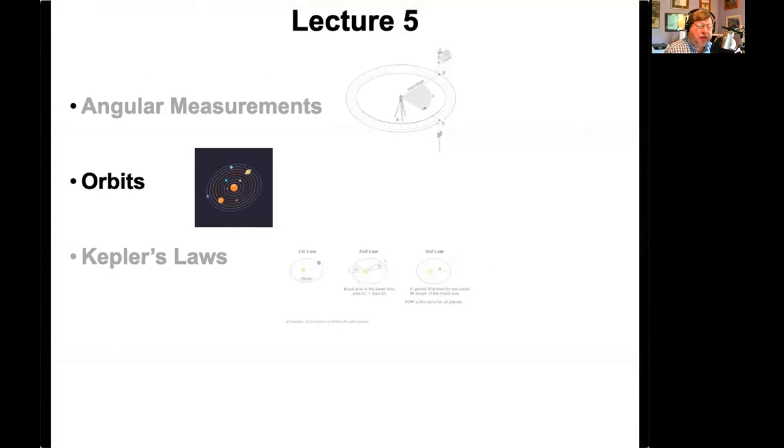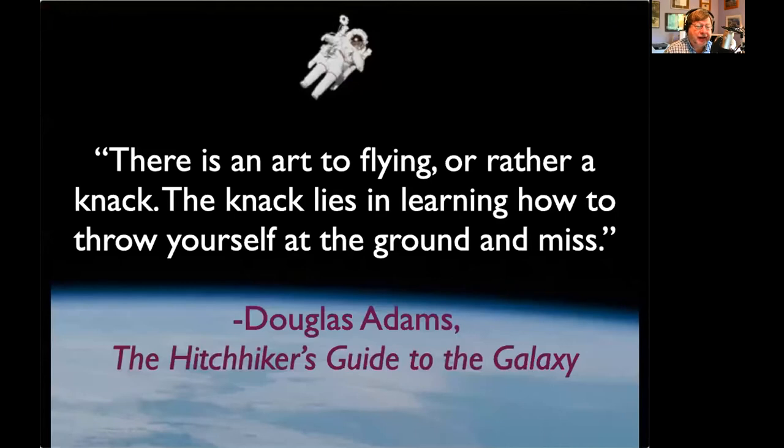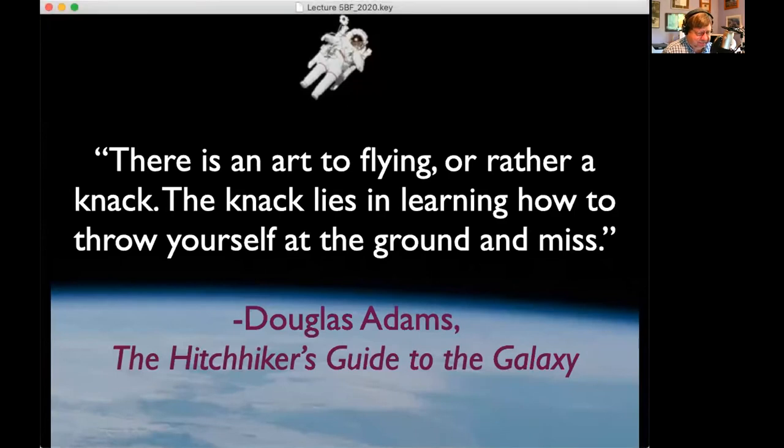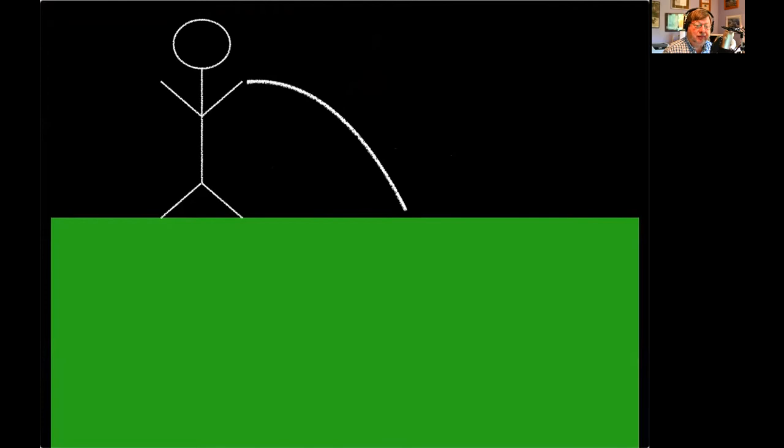Now let's talk about orbits a little bit. There's an art to flying, or rather a knack. The knack lies in learning how to throw yourself at the ground and miss. So here's Isaac Newton, a schematic. He throws a ball. The ball goes a certain distance. He throws a ball again. It goes a distance.